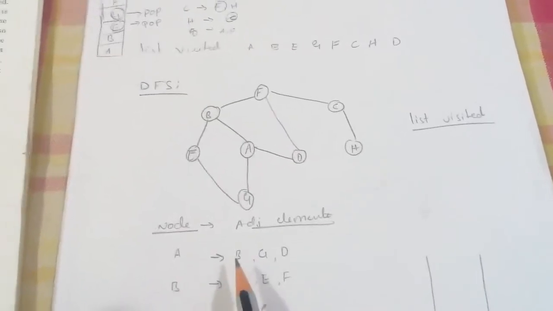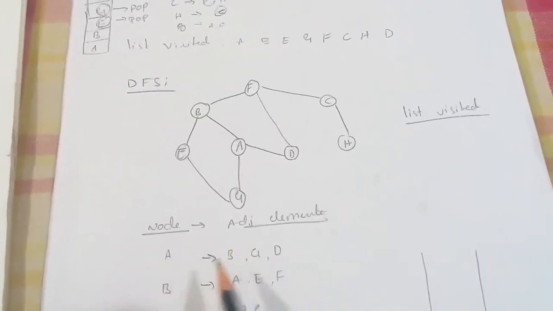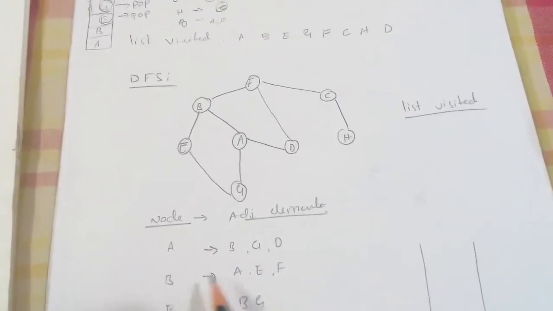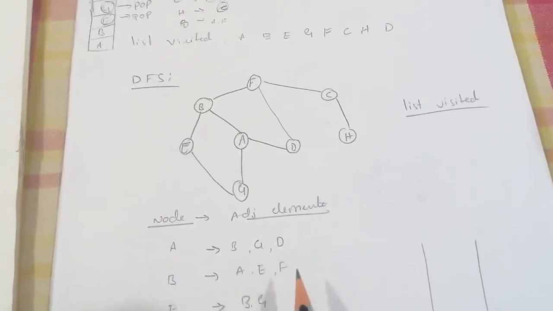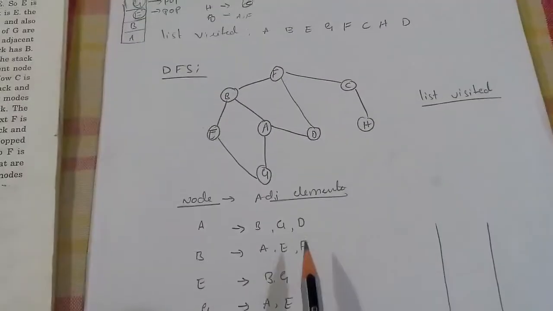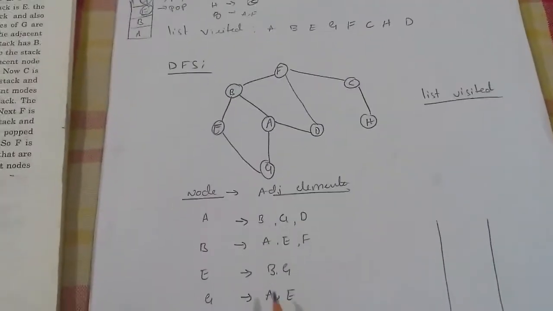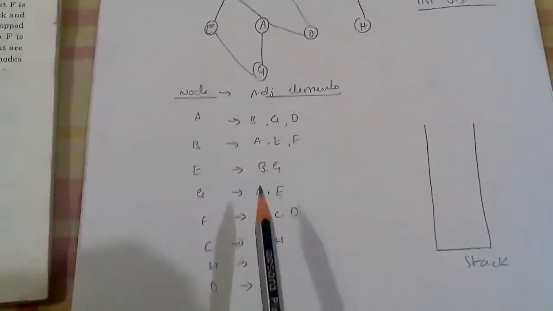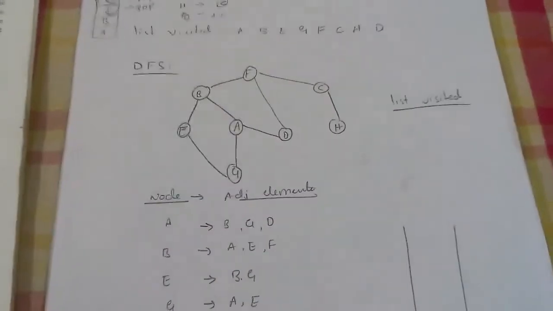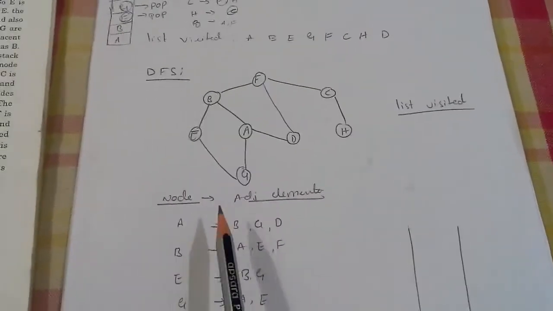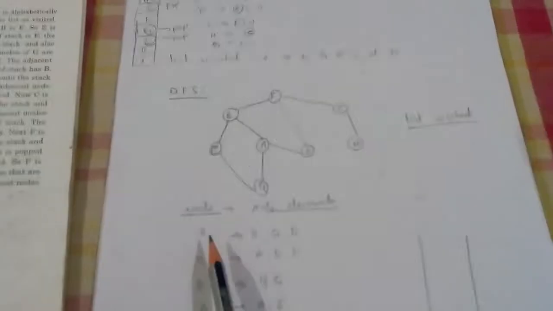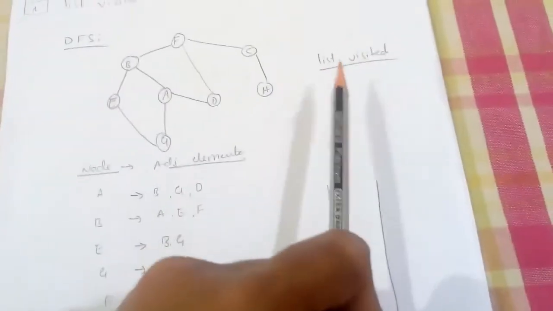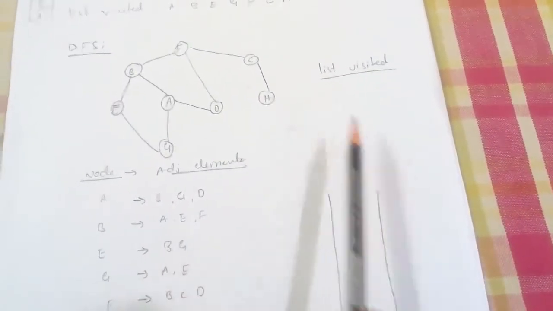The one that is alphabetically closer to A is B. First write the adjacency elements for the nodes. Next, this is the stack representation and the list visited.